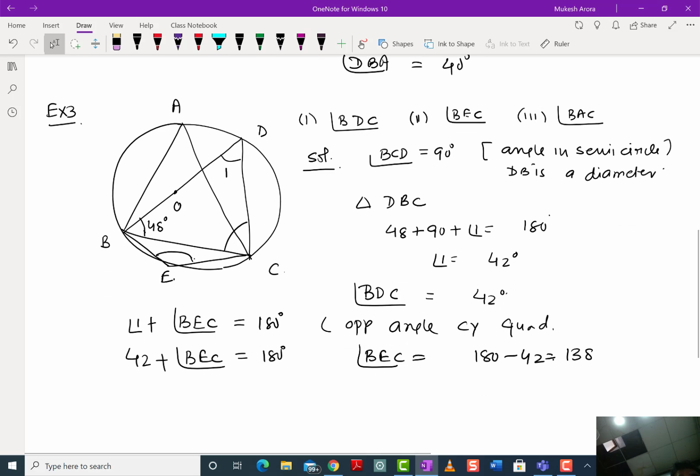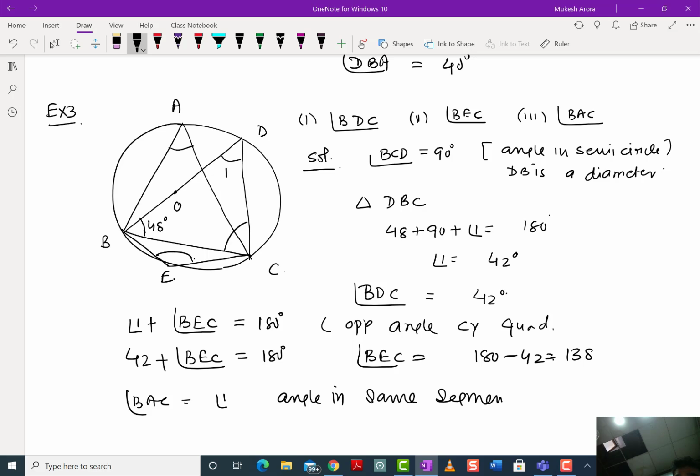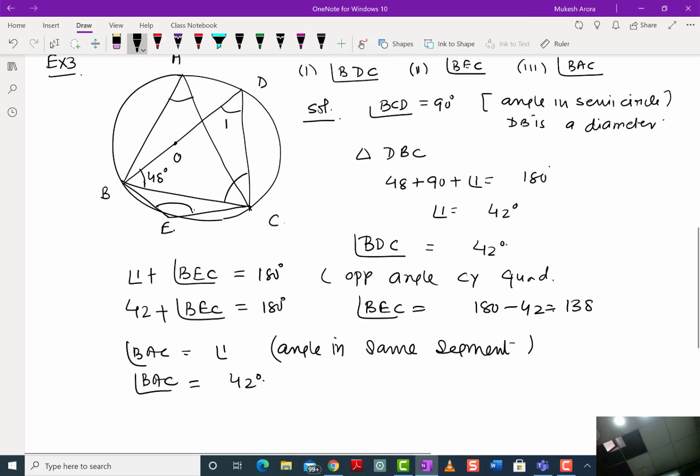Now BAC: angle BAC is equal to angle 1, angle in the same segment. So angle BAC is equal to 42 degrees.